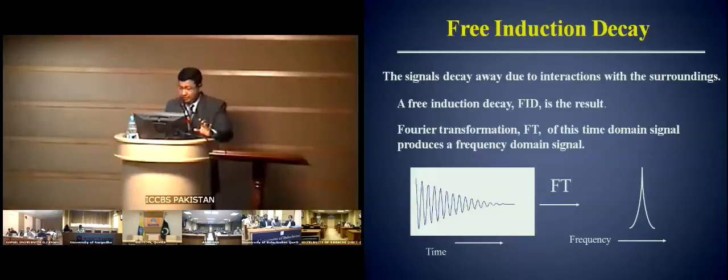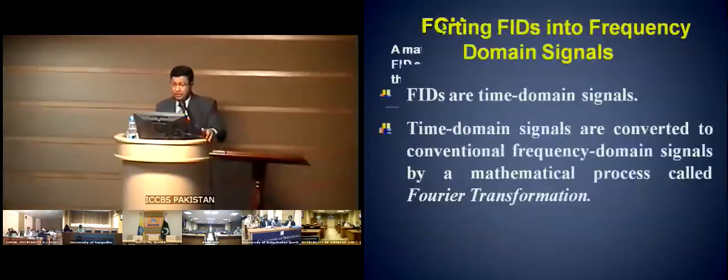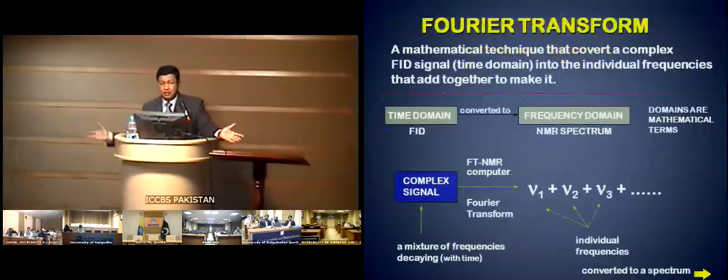So kindly remember, this is an interesting relationship. Time domain signal, Fourier transformation: a mathematical technique which converts a complex set of individual frequencies that add together into a frequency domain. Very easy. FID converted into numbers.